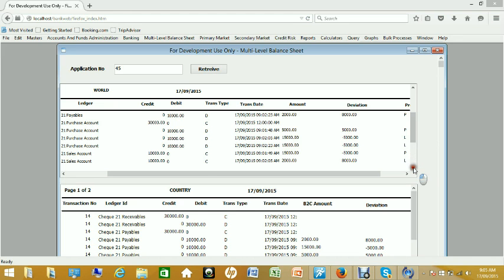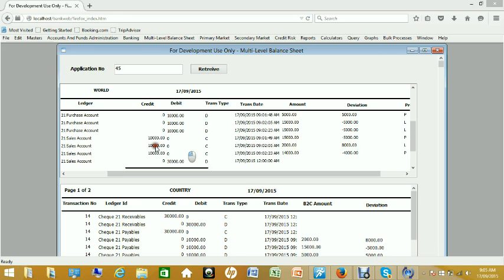Here we have sales account as well. In sales account, the sales targets were 10,000, we incurred 15,000 of sales, so 5,000 is the deviation, so it is interpreted as profit.